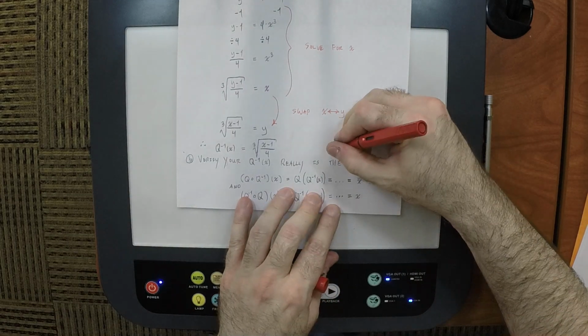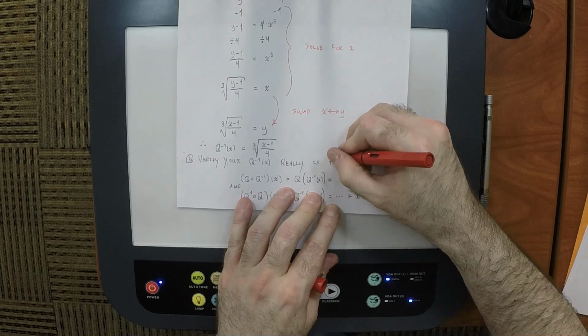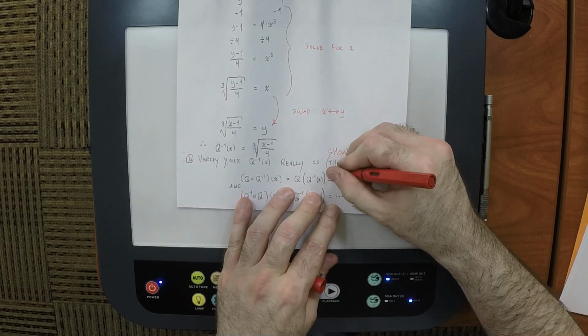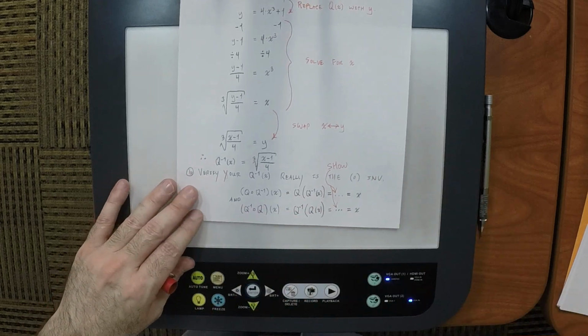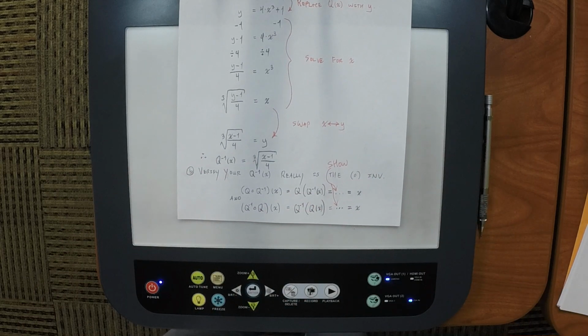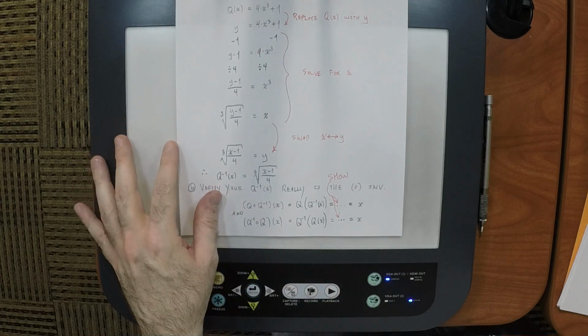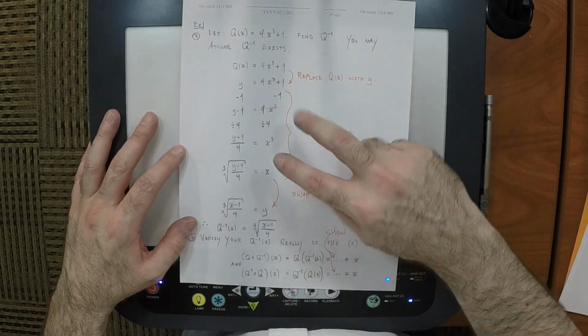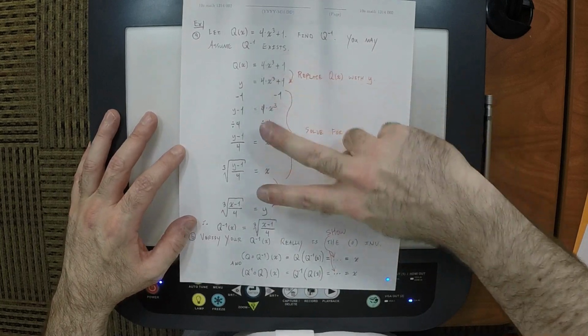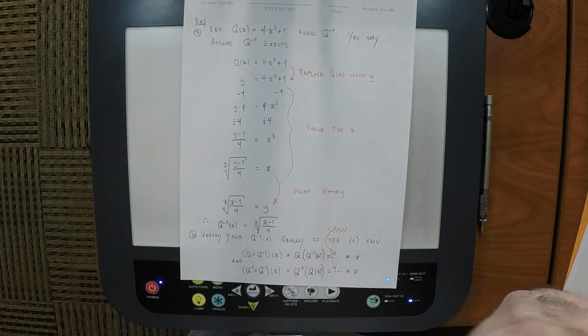So you'd have to show this stuff that I'm omitting. All right, very good. Any question about this? So in the end, finding a composition inverse basically just comes down to solving an equation. All right.